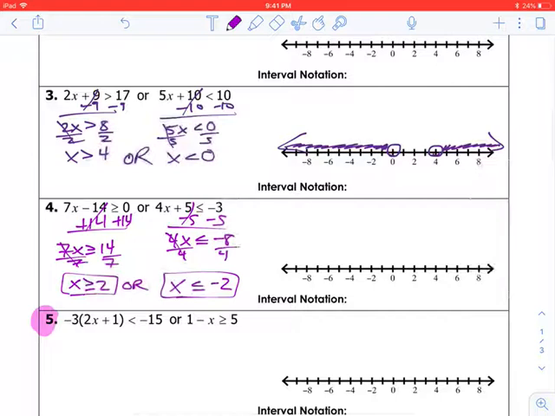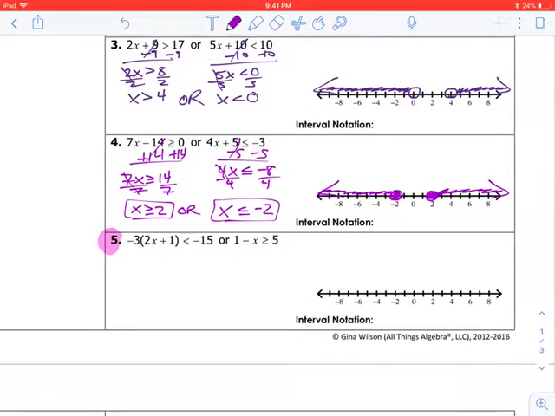So let's go ahead and graph. I've got x is greater than or equal to 2, so that's a closed circle on 2, going to the right. x is less than or equal to -2, so that's also a closed circle, this time going to the left.